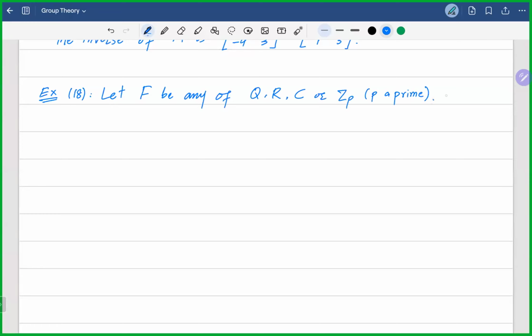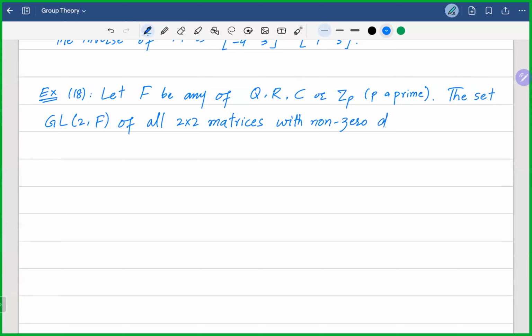The set GL2(F) of all 2 cross 2 matrices with non-zero entries or determinants.